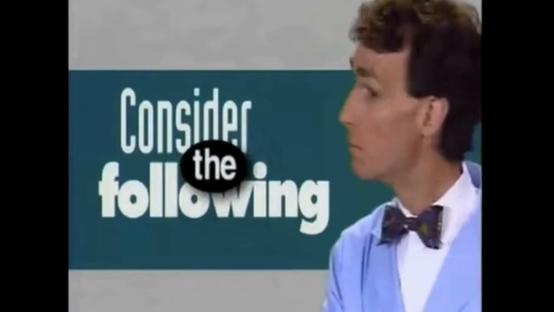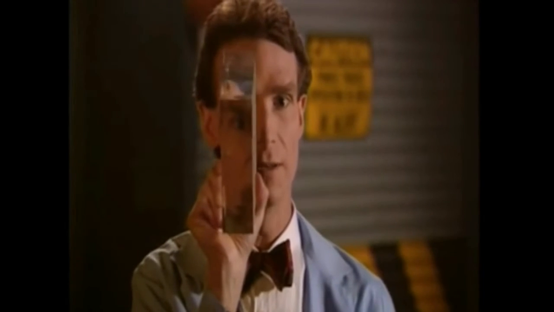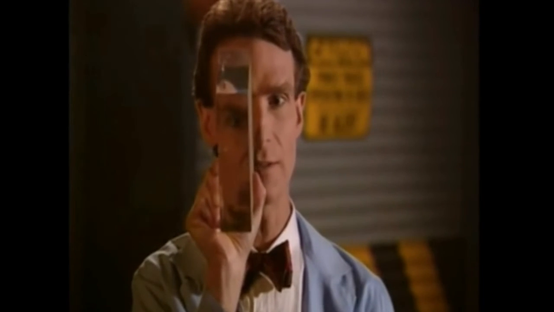This magnifying glass is making my eye look big. Now, why is that? Well, please consider the following. When light enters something like air, water, glass, or plastic, it slows down a little. And when it slows down, it changes direction. See how one eye is lower than the other?